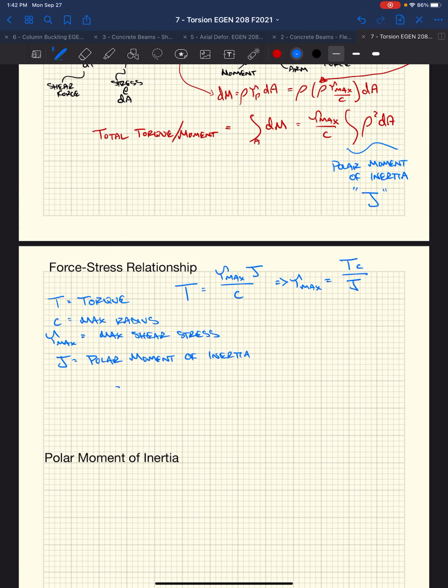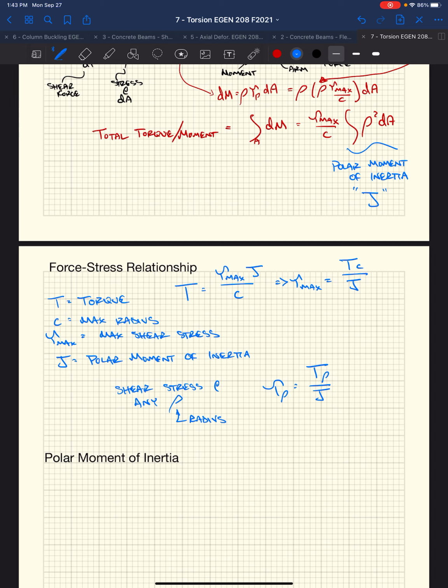Well, we can go back and say, sometimes we might want to know what the shear stress is at any rho, which is any radius. Well, that's just the torque, right?